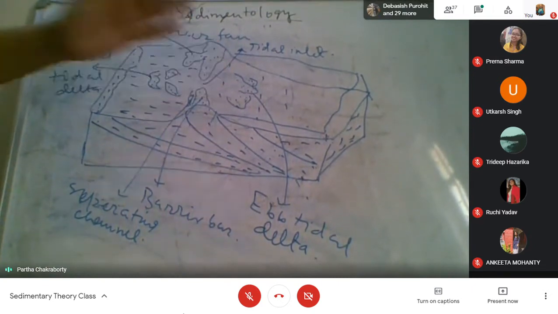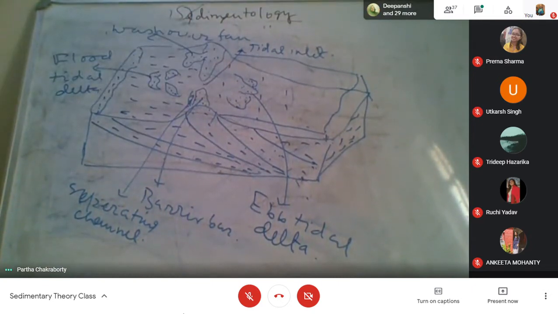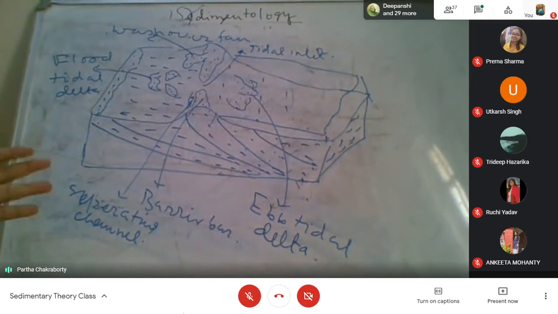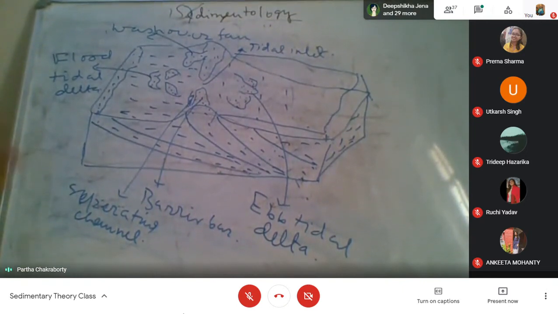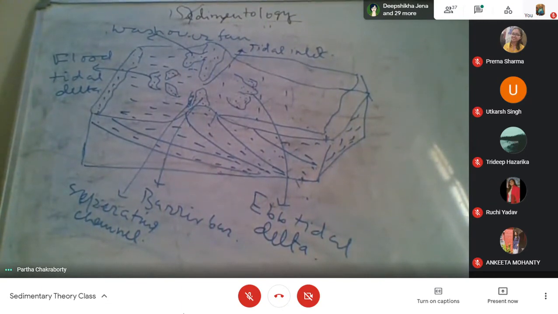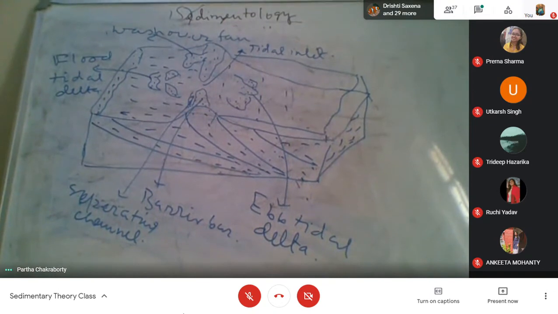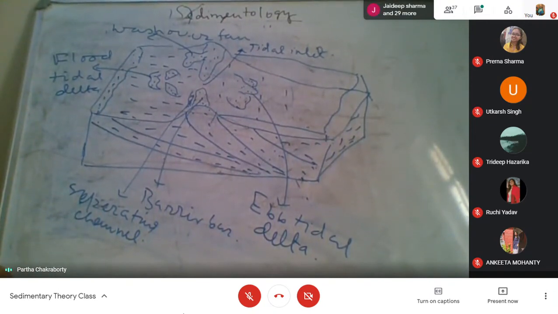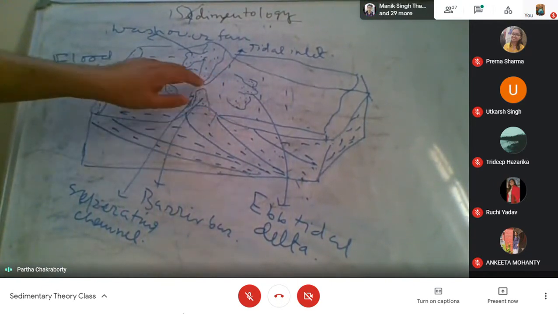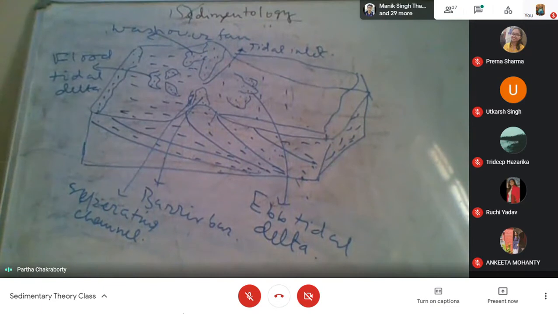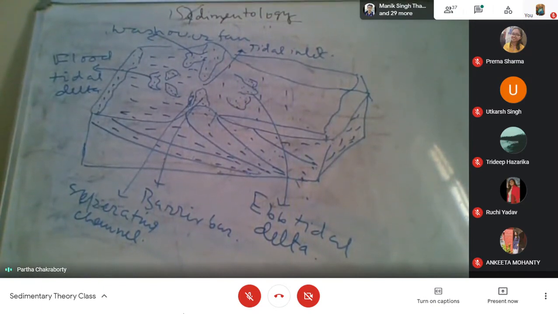Through these dissection points, the open ocean interacts with the system that develops at the back of the barrier bar during high tide, spring tide, or storm, when the water enters into the back system, which is a lagoon.